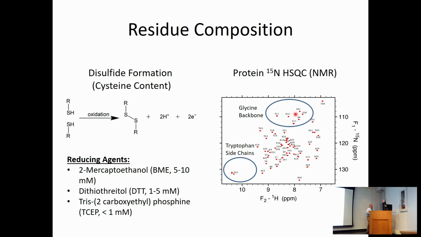Probably means your protein's not in the right conformation, or it might not be folded. The other thing is tryptophans are down here in the southwest region of this graph. And so if you expect to have 2 tryptophans and you don't see anything in that region, you might be out of luck again. So understanding your residue composition also has very important ties into the wet chemistry that you might be doing this summer.